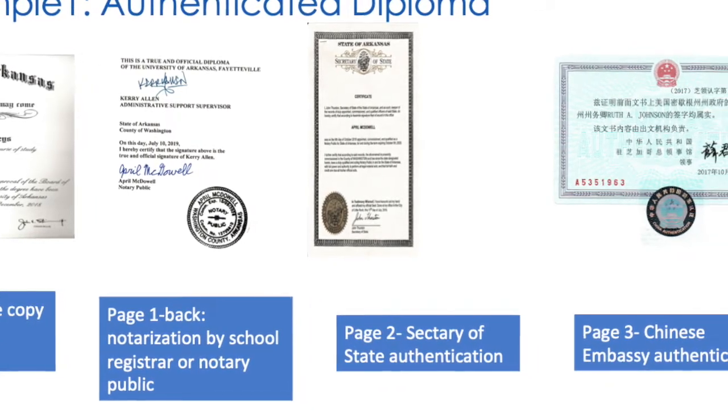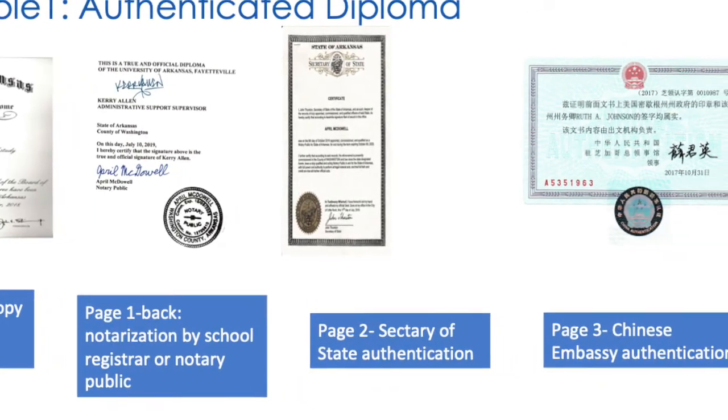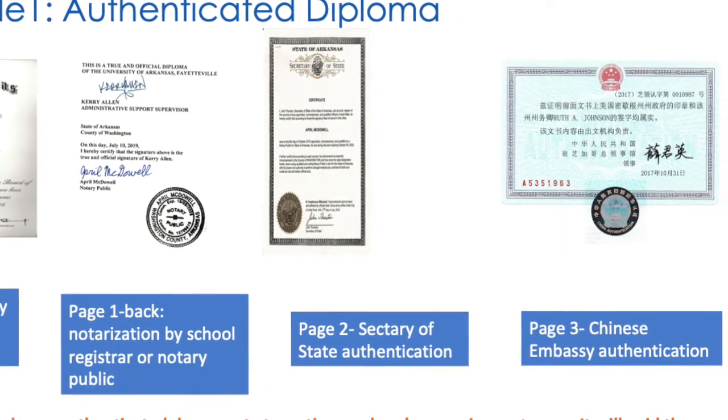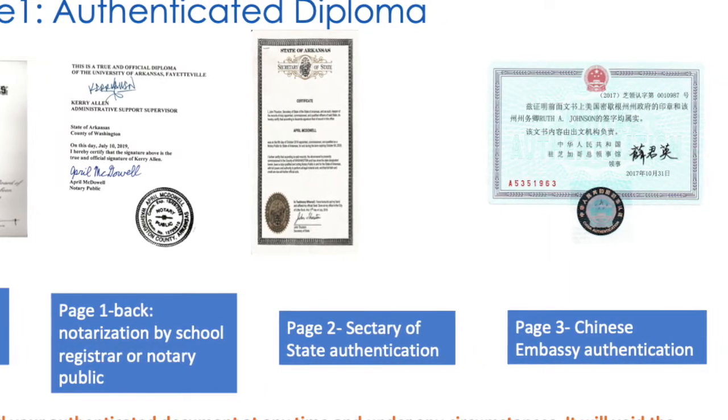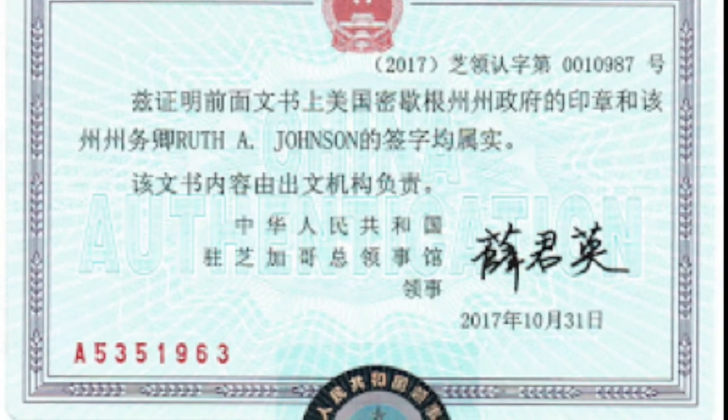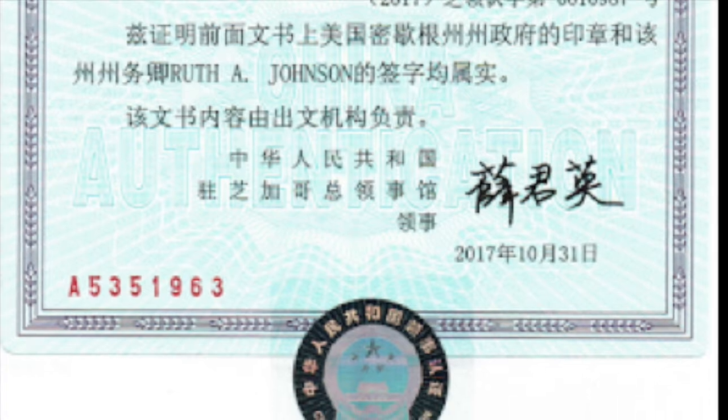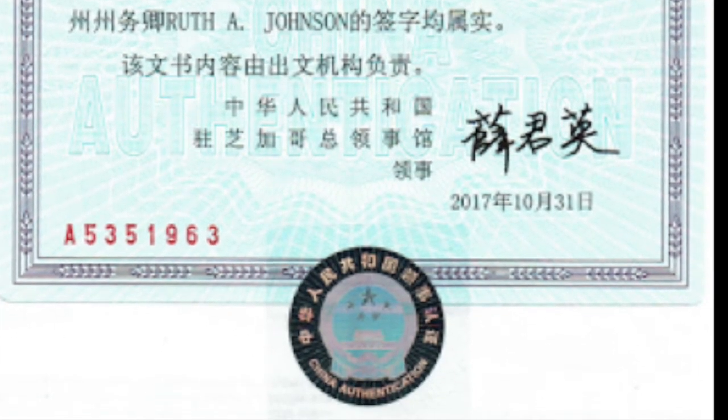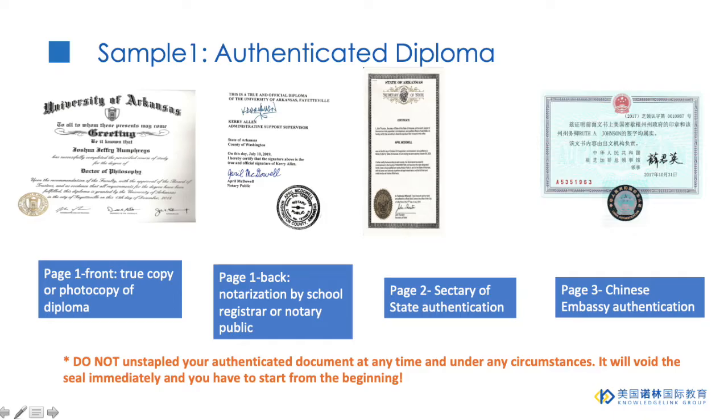Usually the state authentication looks really fancy with its official stamp here. After that, it could be taken to the Chinese embassy for final authentication. And you can get a blue sticker like this from the Chinese embassy after authentication. Usually the document and authenticated pages will be stapled together. Please do not remove staples or tamper with the authenticated document in any way, because this will invalidate it, and if you do so, you will have to start over.